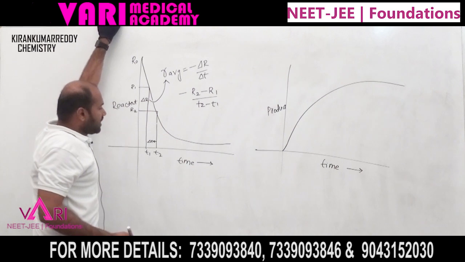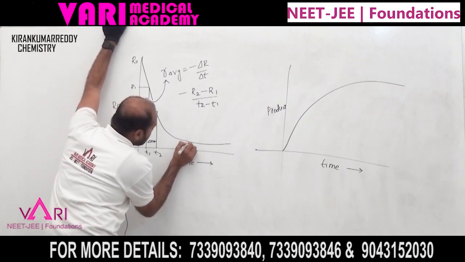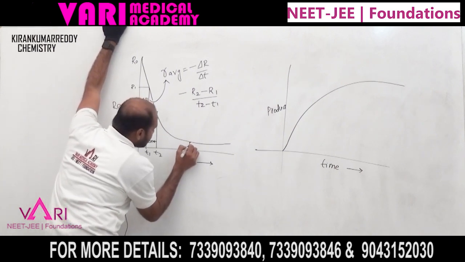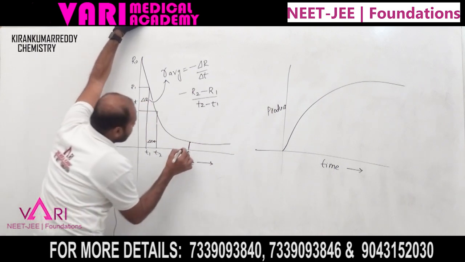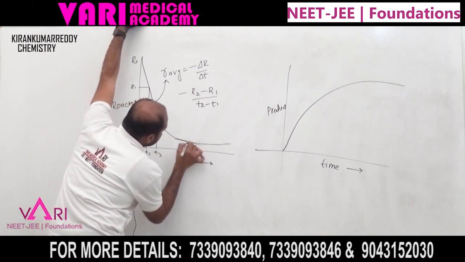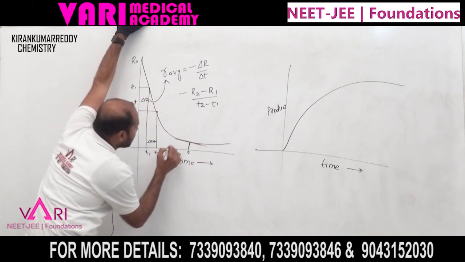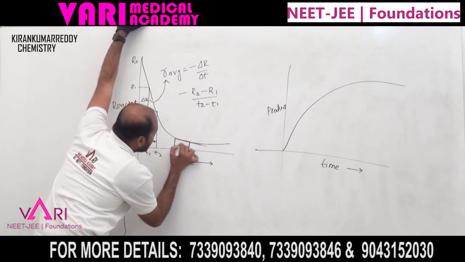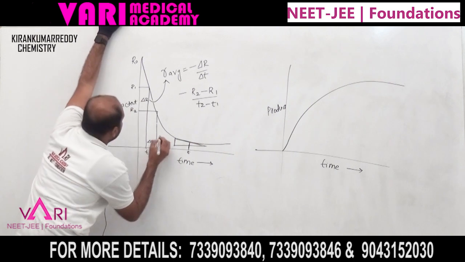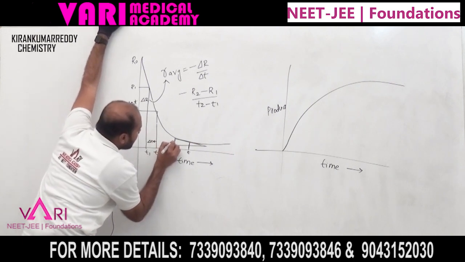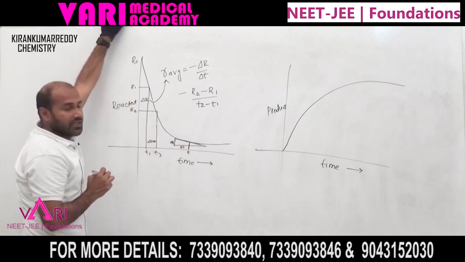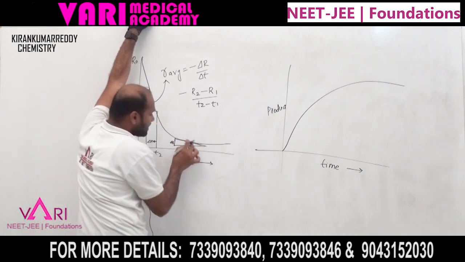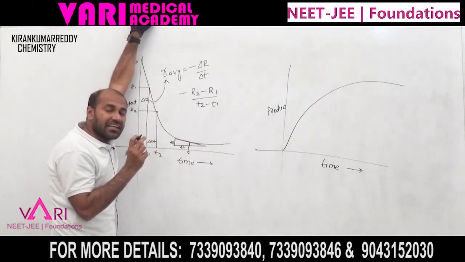For example, if you draw the tangent at a particular point T, I am writing dR and this one is dt. Now the slope is equal to, what is the instantaneous rate of reaction?